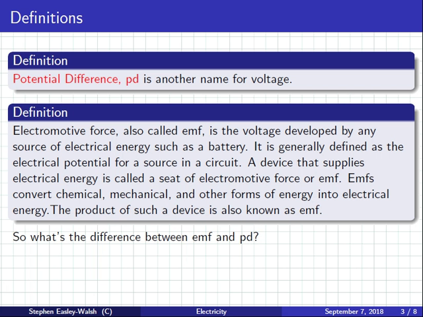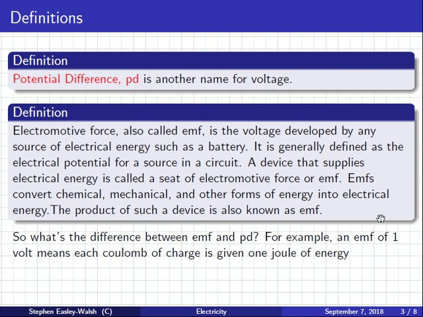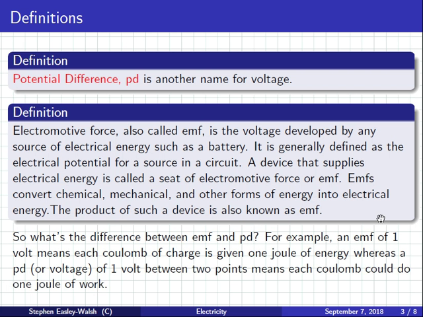Okay. So you might say, what's the difference between EMF and potential difference? Well, the way I think about it is that if I say I have one volt of EMF, it means each coulomb is given 1 joule of energy. Whereas if I say a potential difference of 1 volt, I usually mean that each coulomb did a joule of work.